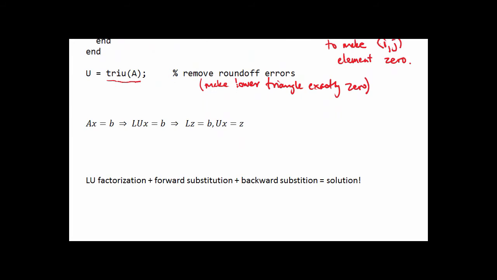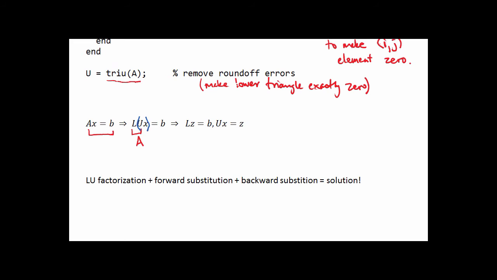Now, to go back to the linear system then, if we do have a linear system AX equals B, how does this help us solve it? Well, A is equal to LU, so we can substitute for A here. And then we can use the associative property to say that this is actually two equivalent statements: L times some vector Z is equal to B, where we define Z as U times X. So it's pretty clear to see the mathematical equivalence there.